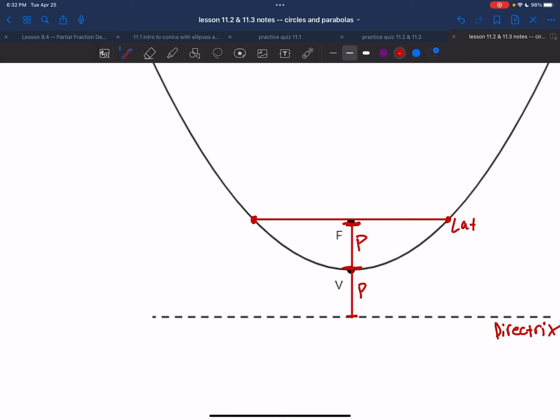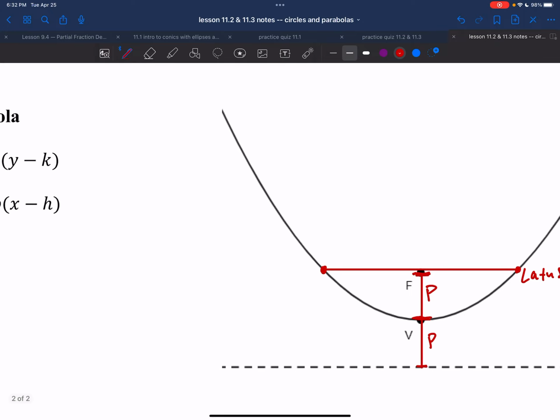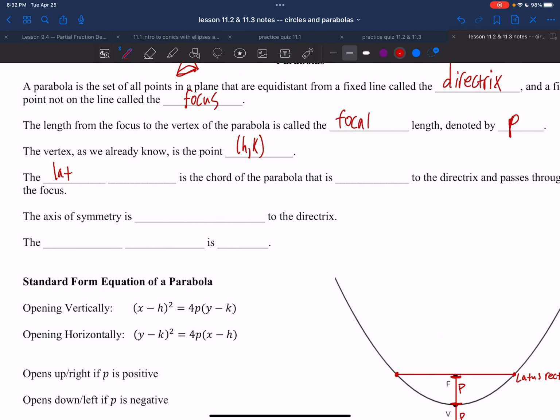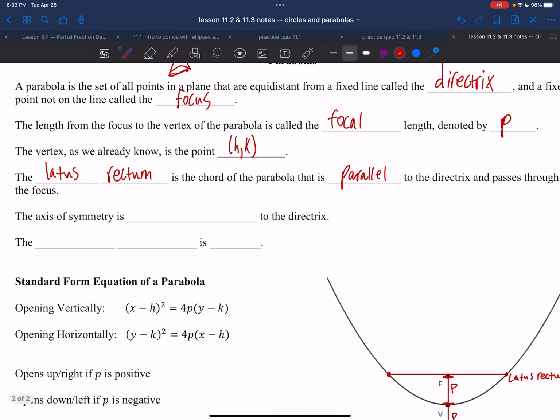This is called the latus rectum. That is the Latin name for it. So the latus rectum of the parabola is a chord on the parabola parallel to the directrix and going through the focus.